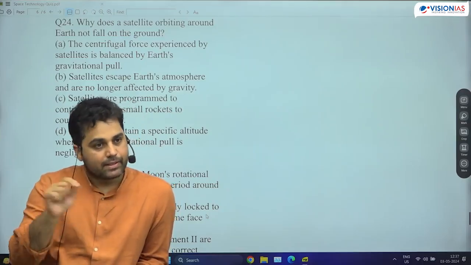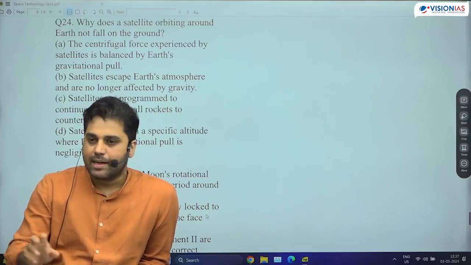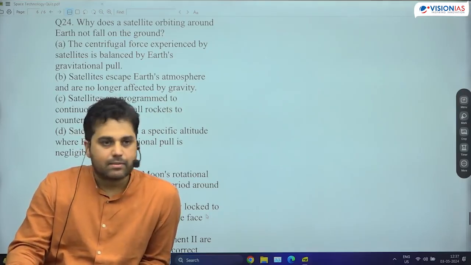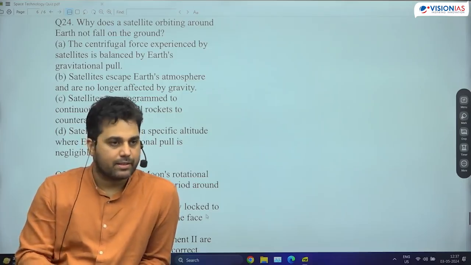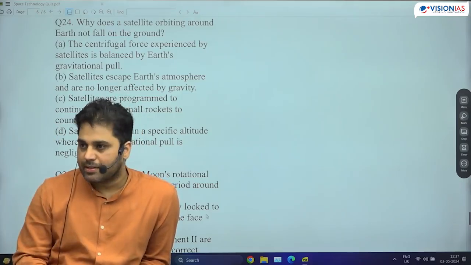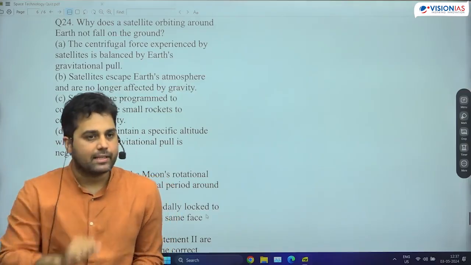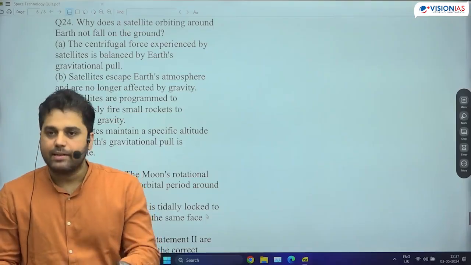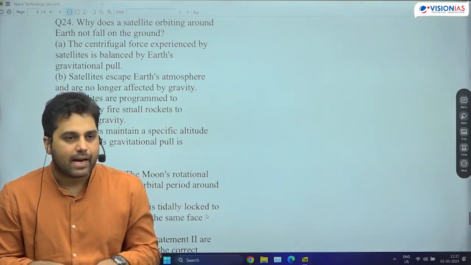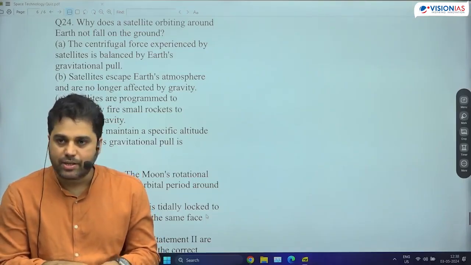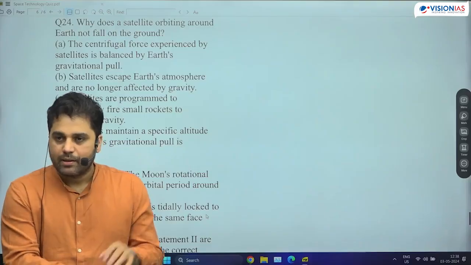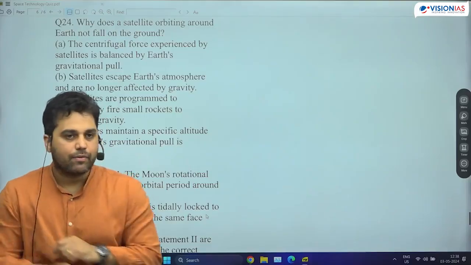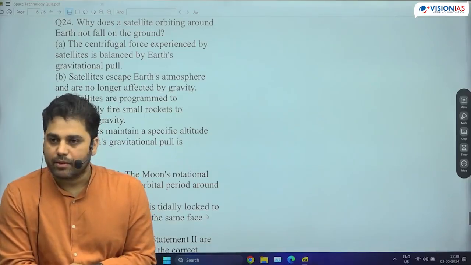But the statement for the satellite will be that the satellite's gravitational pull is balanced by centrifugal force. So I can say the same thing in a different frame of reference. So in this particular question, A is the correct answer. Even with the Lagrange point, you will find a statement at some places that at the Lagrange point, the gravitational pull of two larger bodies balances the centrifugal force experienced by the third smaller object.